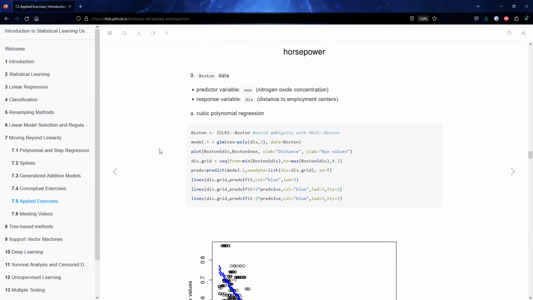Something strange that came up when I was knitting this part of the book and getting the GitHub push to go through: the Boston data set is pretty ubiquitous. It is featured in some various packages that programmers tend to use when we're studying.